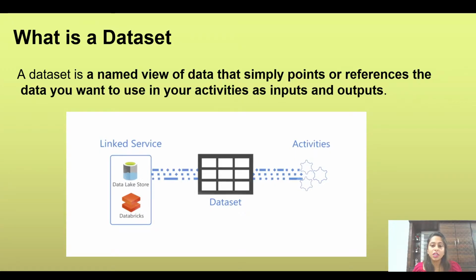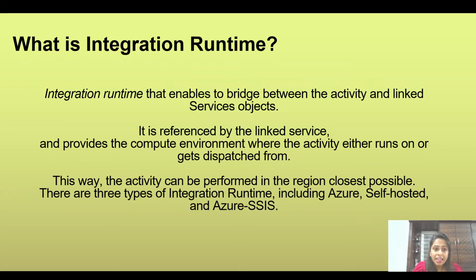Or in terms of SQL Server, let's say you are trying to define the connection strings of the SQL Server. In that case, the connection string is your linked service. But once the connection is established, which exact table you want to load, or what set of tables you want to load, that is actually called your data set. So this is pretty much about your linked service and data set.